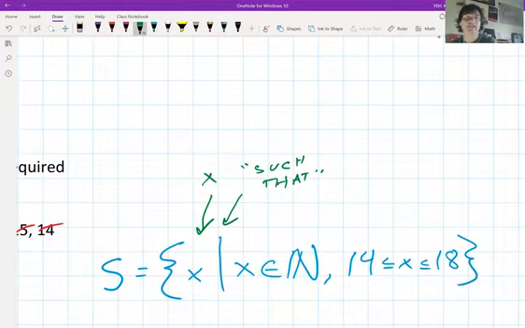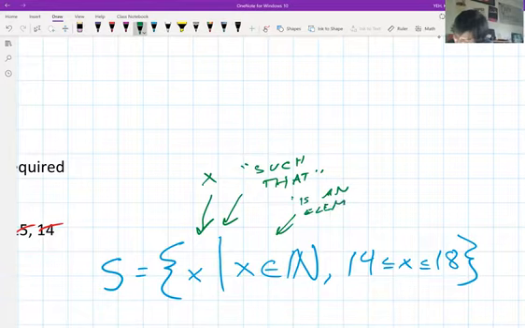of the x's that meet certain criteria, all of the x's such that x is an element of, that's what that funny looking E means, is an element of. And so we're looking for x's that are elements of, now what's up with this N, this kind of double-stemmed N?